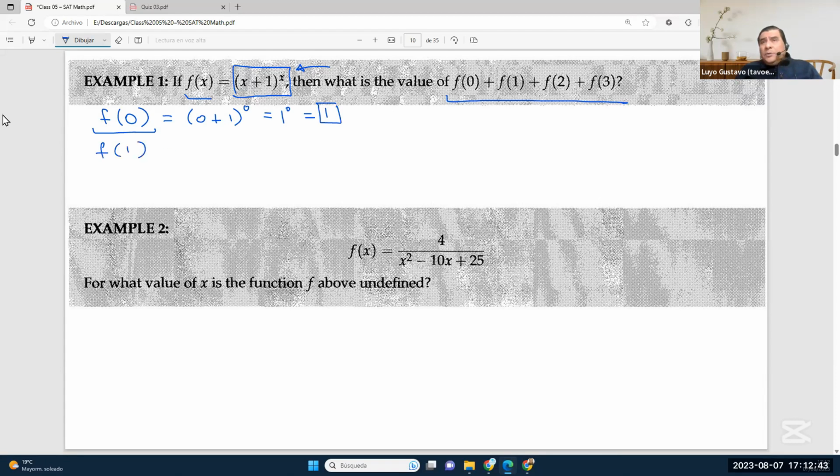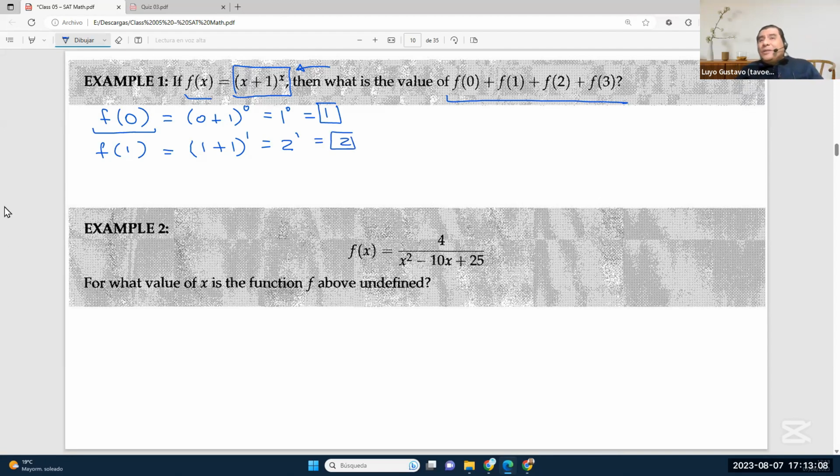Likewise, what would be F of 1? Any idea? Just follow the rule: (1 plus 1) to the 1. So you have 2, the sum in the parentheses, to the 1. Simply 2. And so on, right?